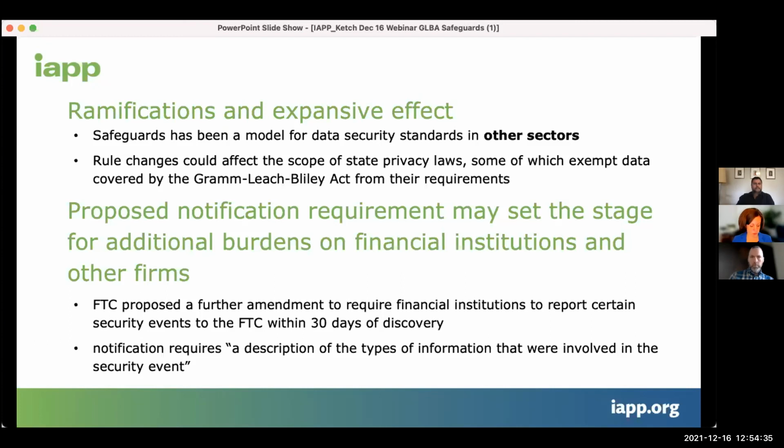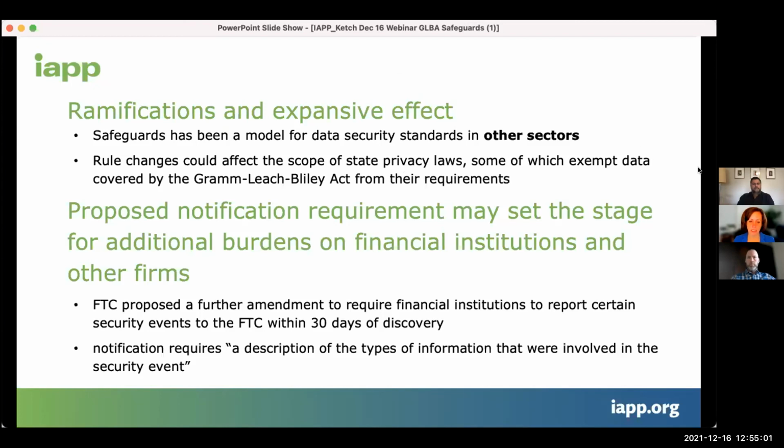I'd say that there's quite a bit. I mean, as you said, this would be a new significant requirement that's federal. The FTC reasoned that the proposed requirement would impose, quote, little additional burden while facilitating the agency's enforcement of the underlying rule.